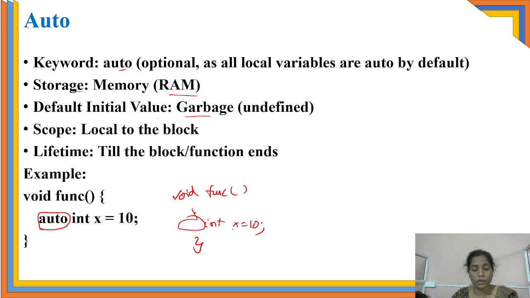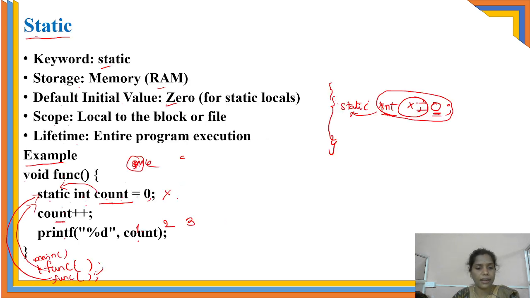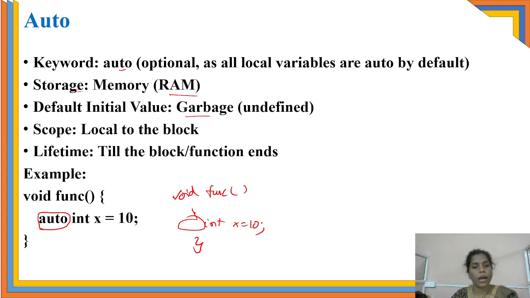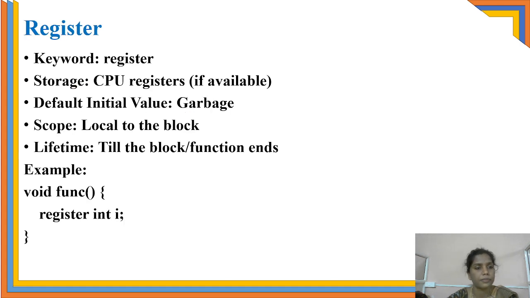So for static the default initial value was 0, but for auto it is a garbage value. Scope is local to the block, within this block, and lifetime is till the block ends. So auto is nothing but we do not mention the auto keyword for every variable. Whatever variables we declare and use are all auto variables.